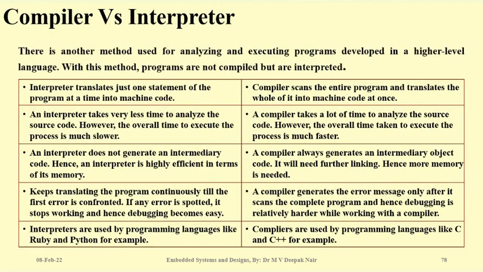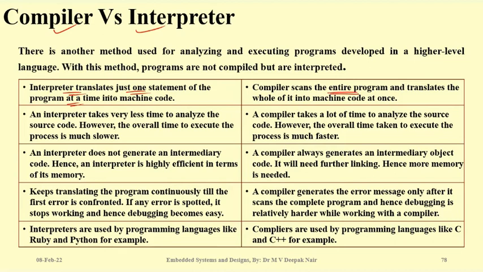This was one important thing to be discussed, but I am not going to talk about all these points because I believe most of you know the difference between a compiler and an interpreter: which is better, which is faster, and when we should prefer the compiler over the interpreter and vice versa. But still, an interpreter translates one statement at a time into machine code. A compiler scans the entire program.